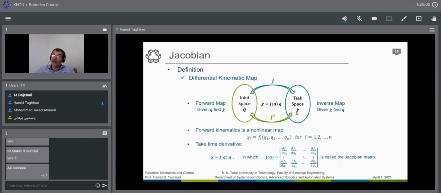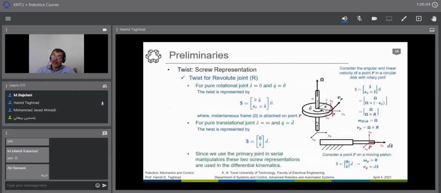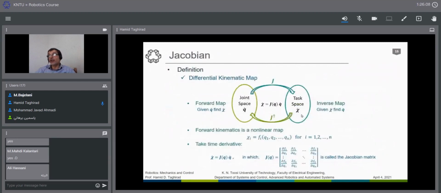Very similar to what we defined here as a twist, angular and linear velocity. We had that before for the joint space position.